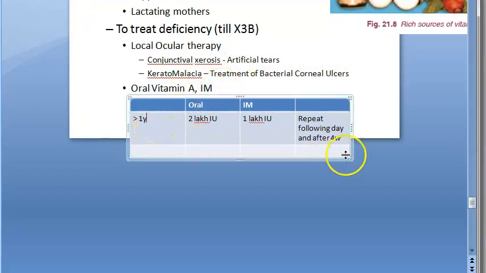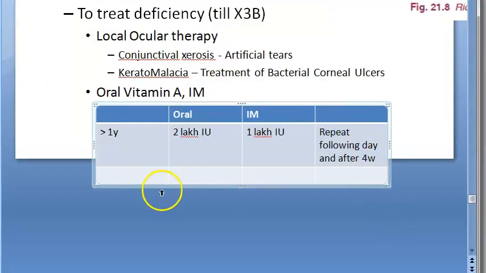Basically, any person greater than 1 year, you will give orally 2 lakh international units. Otherwise, intramuscularly, 1 lakh international unit is enough. Give on that day, repeat the next day, and then again after 4 weeks. Now if it is a person less than 1 year, let's see what happens.